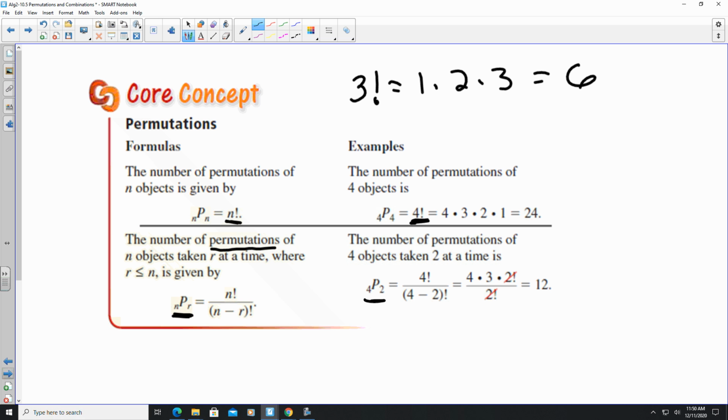Like the example they have here, where you have 4 objects taken 2 at a time, n is 4 and r is 2, so that's where they get those values to get a value of 12. One thing to keep in mind is n will always be a larger number than r.